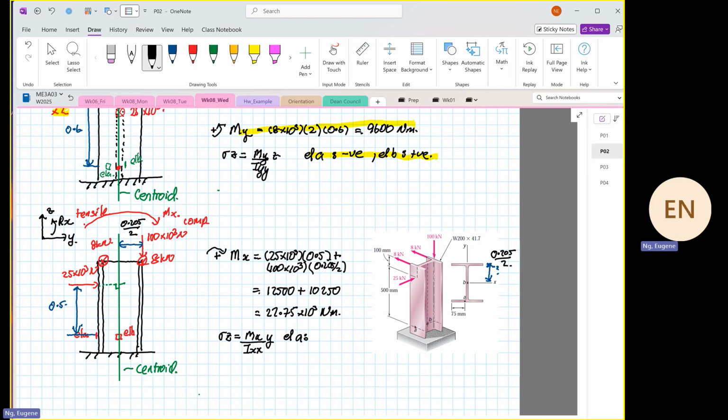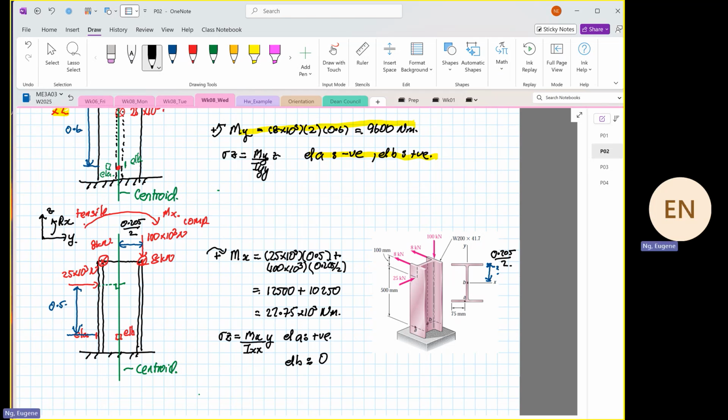Can you tell me, please? Tensile. And element B, it is equal to 0, because it is exactly at the axis. Once you got this analysis done, the rest is just putting in numbers.